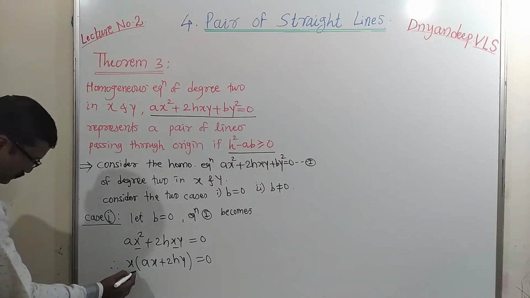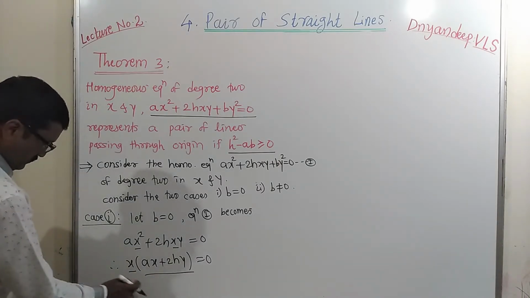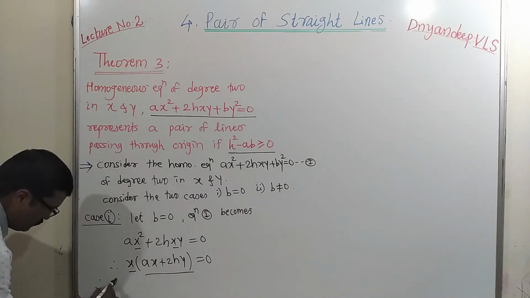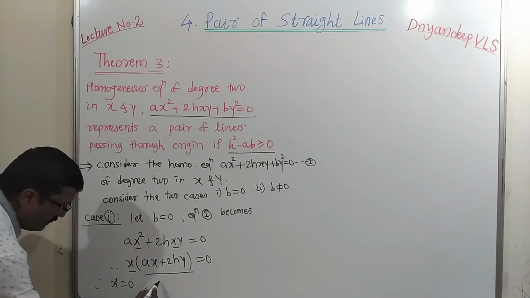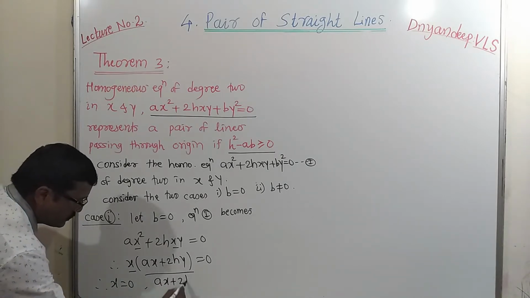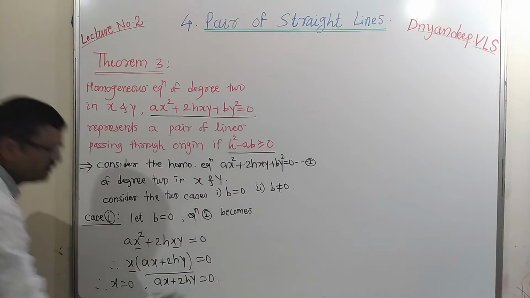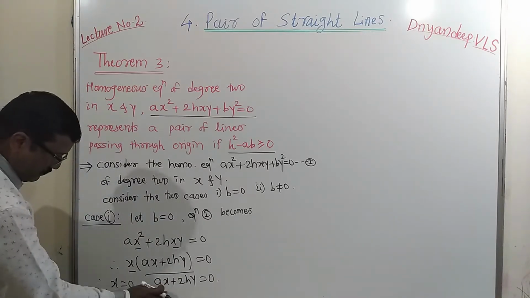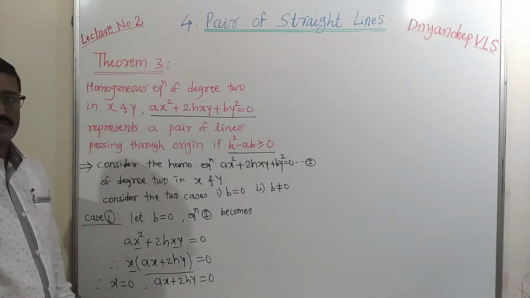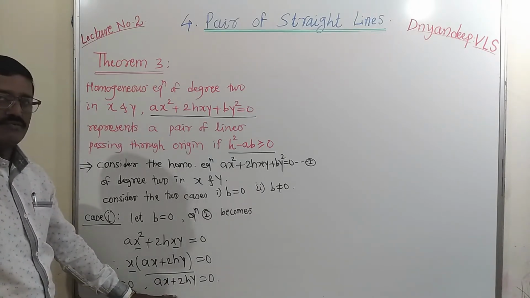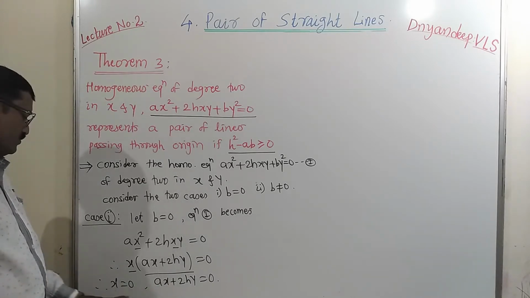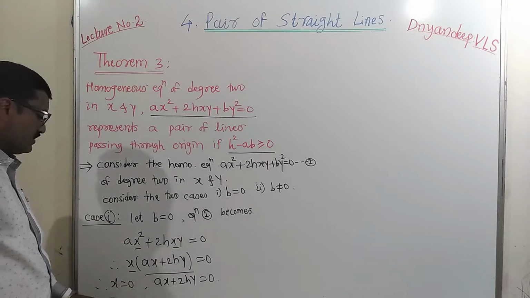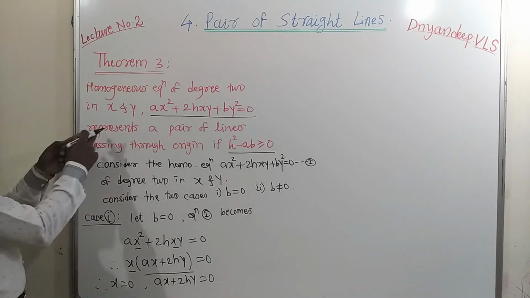So the product of these two numbers is 0, therefore x is equal to 0 or ax plus 2hy equal to 0. So x equal to 0 is nothing but y-axis, and this equation contains only x and y terms, the constant term is absent, so it's an equation of a line passing through origin. These are two lines passing through origin.